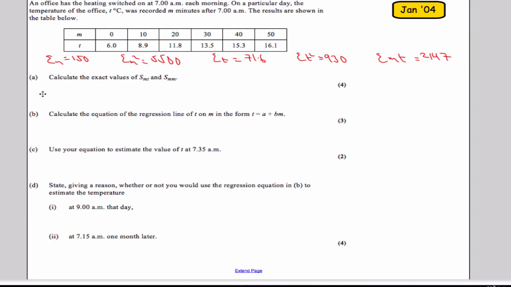Alright, so SMT, and again I'm going to use the calculator here just to demonstrate how I can work out this problem fairly quickly. Remember, SMT is going to be sum of MT minus sum of M times the sum of T over N, which in this case is 6.